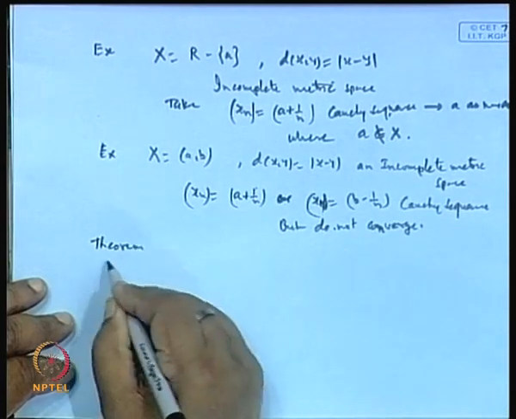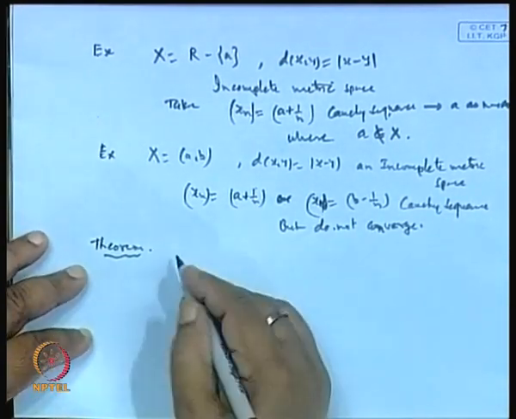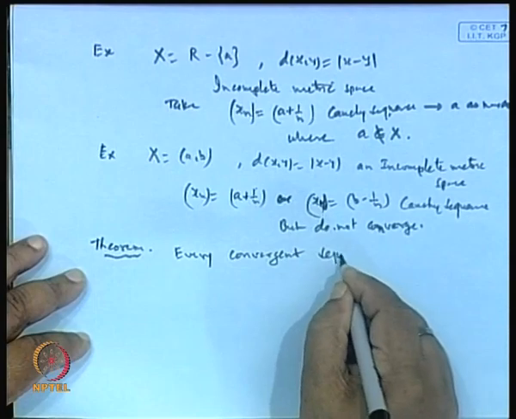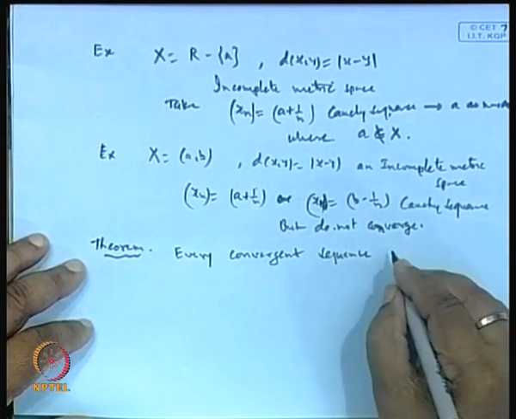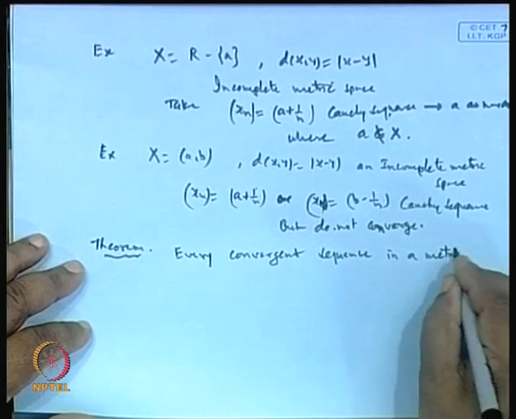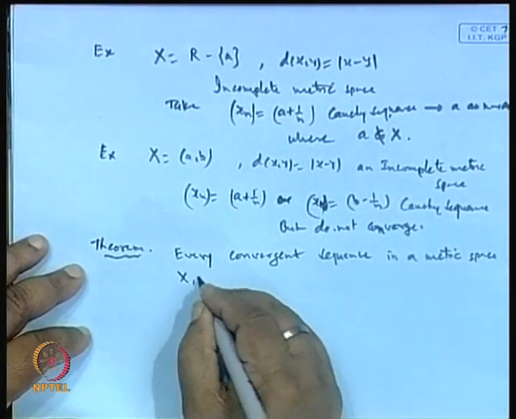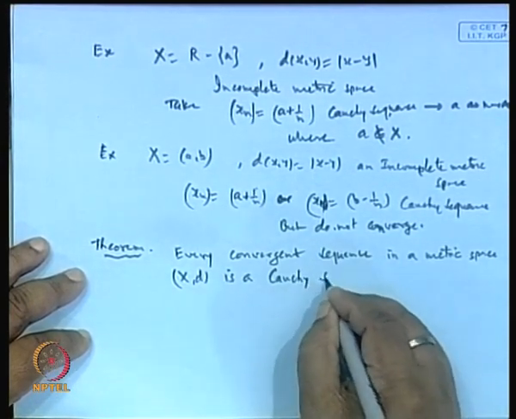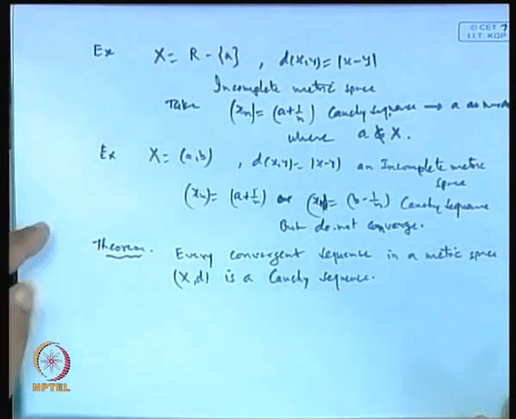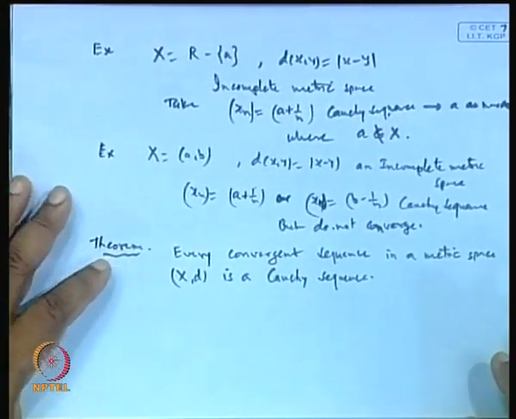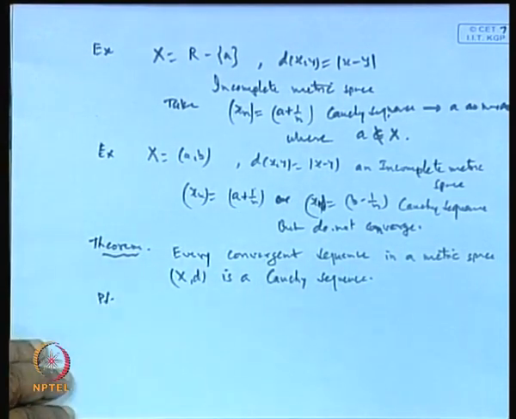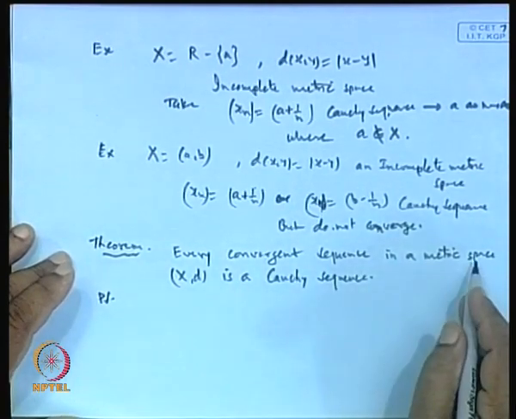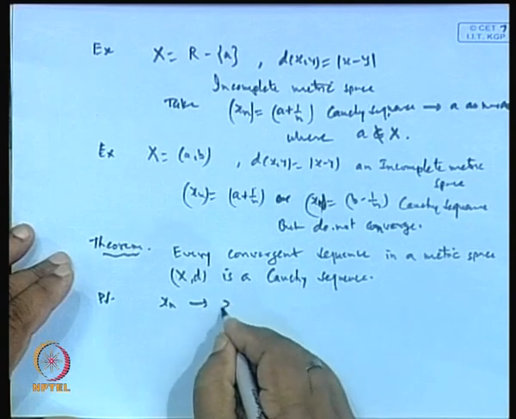So, we have the result: every convergent sequence in a metric space (X, d) is a Cauchy sequence. The proof is very simple. Suppose we have a sequence x_n which converges to x.